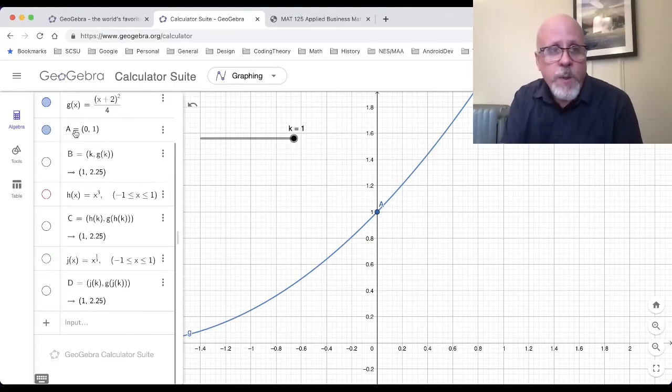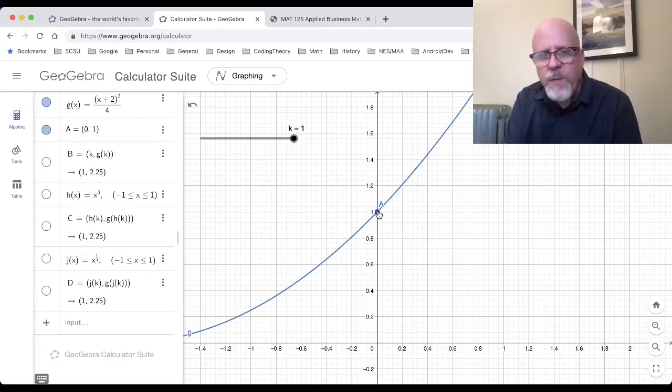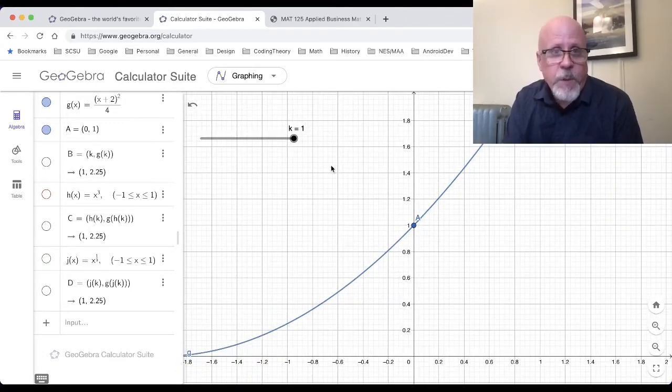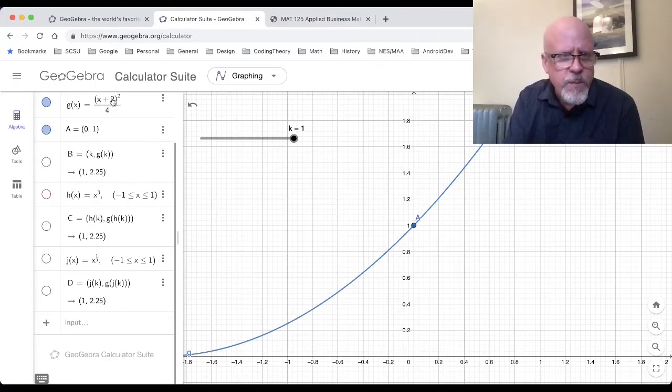I also picked a point, not entirely randomly, although you should think of this as some random position. The reason I picked it where it is, it's very convenient to have the X coordinate of the point be 0. But the Y coordinate is determined by the function. If the X coordinate is 0, we get 2 squared over 4, which is 1.